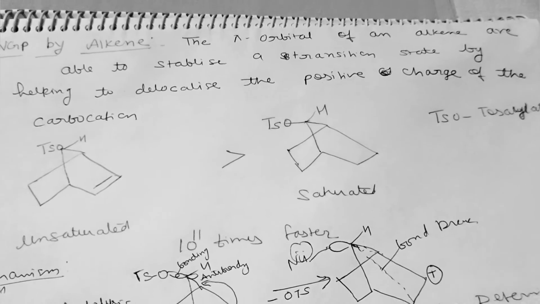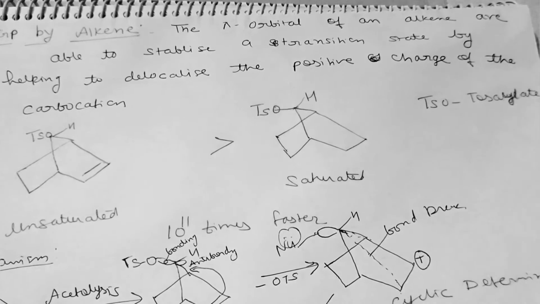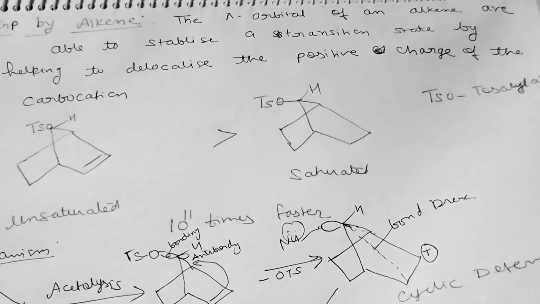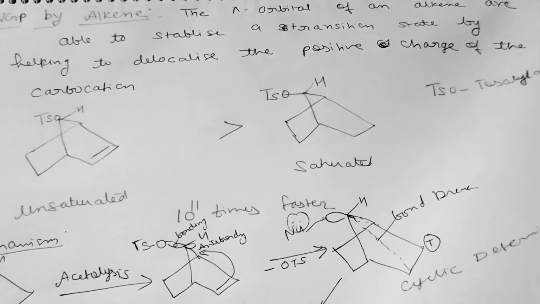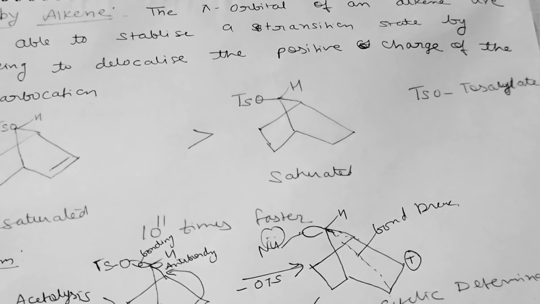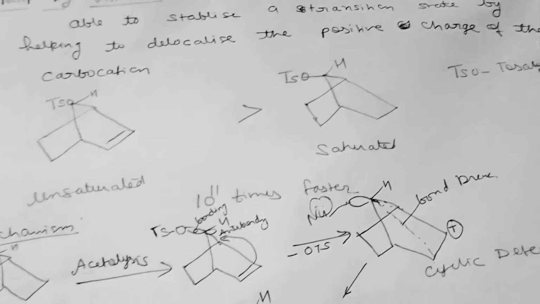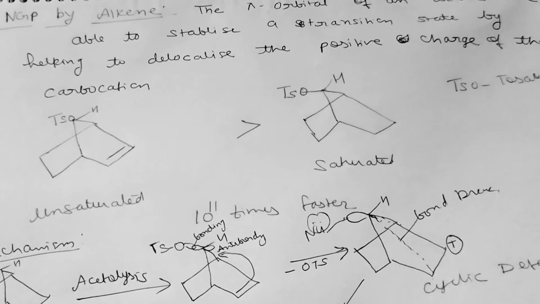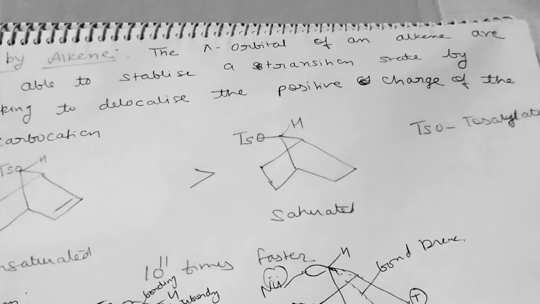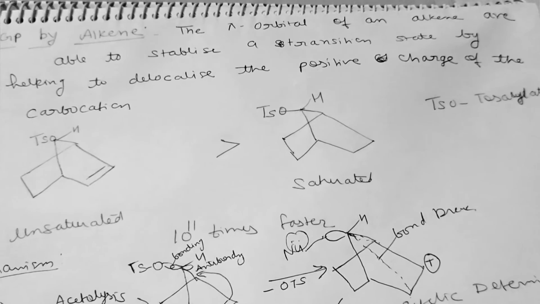I have already written here that the pi orbital of the alkene is able to stabilize a transition state by helping to delocalize the positive charge of the carbocation. This is the line which we can easily explain whenever we do the mechanism.